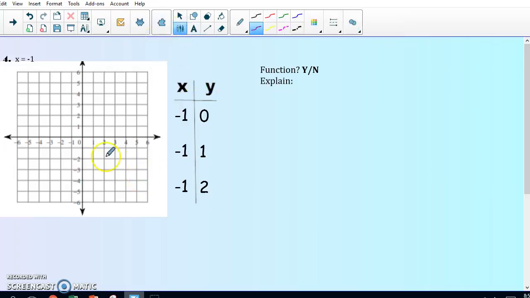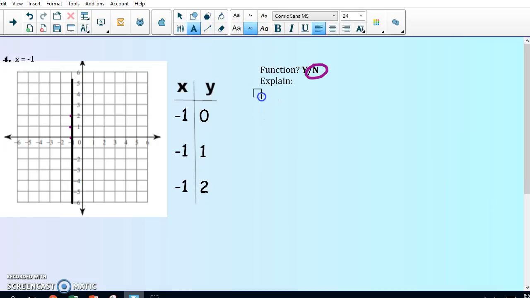So let's plot these points. At (-1, 0), my point would be there, (-1, 1) would be here, and (-1, 2) would be here. If we connect those points, it makes a vertical line. So would this line make a function? This line will not make a function because it does not pass the vertical line test.